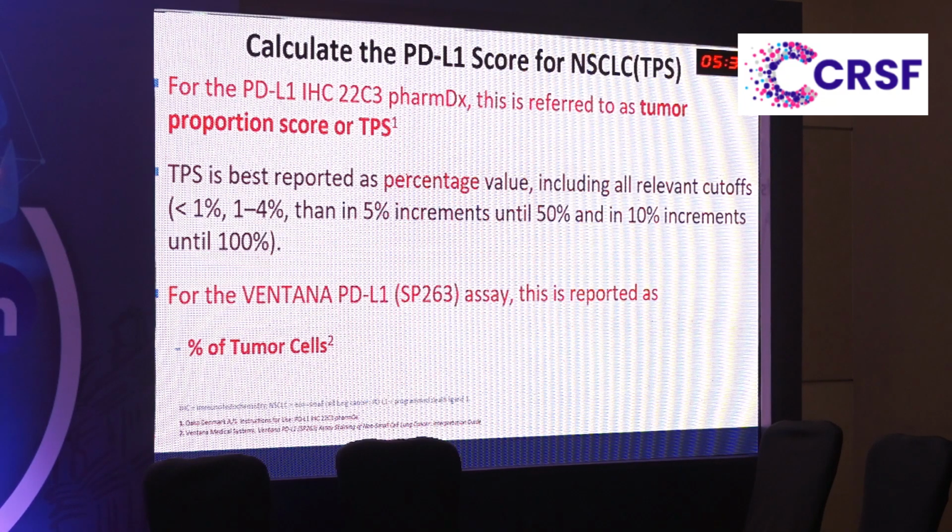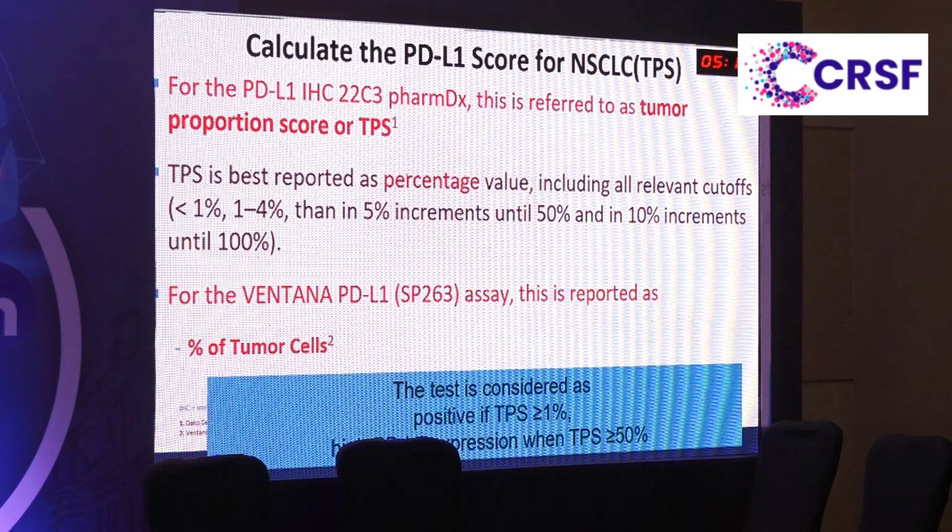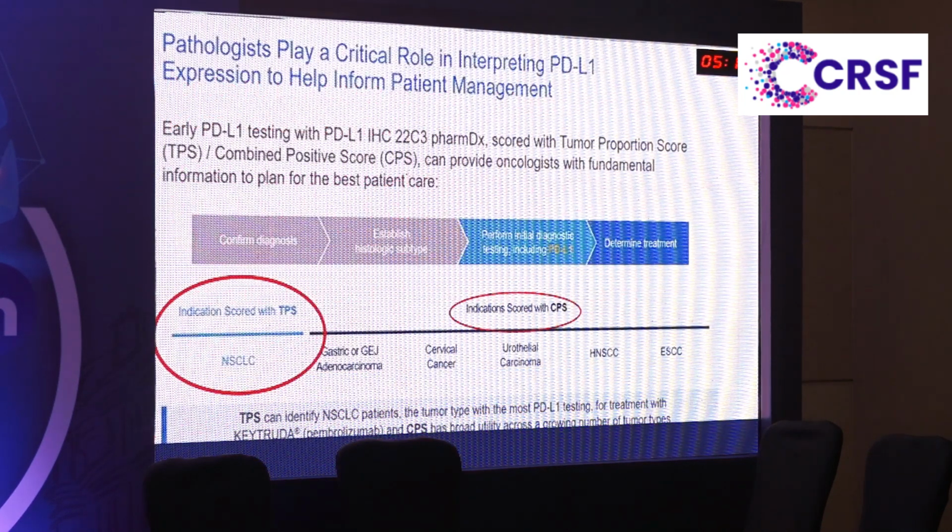If it is less than 50, you can give it in increments of 5, and if it is more than 50, increments of 10 are also sufficient. But we have to be very careful, especially in areas which are borderline, at the fence, like less than 1 or more than 50. Those areas we have to be very careful.